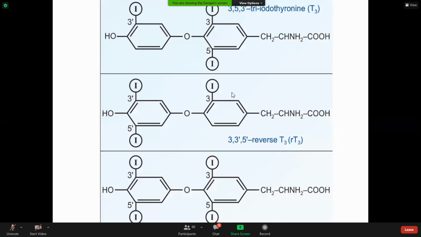For the activity of these thyroid hormones, iodine should be present at the third and fifth positions. That's why T4 and T3 are both biologically active. If you look at the structure of reverse T3, what happened? This compound lacks iodine at the fifth position. So though some tissues contain reverse T3, it is biologically inactive.